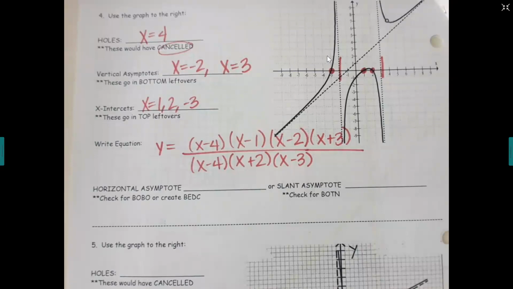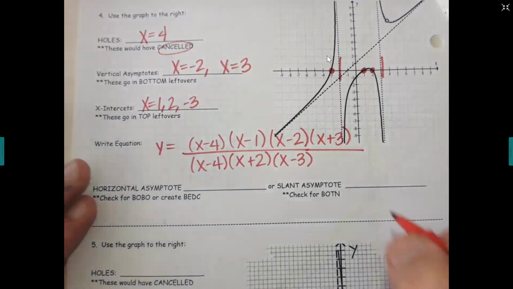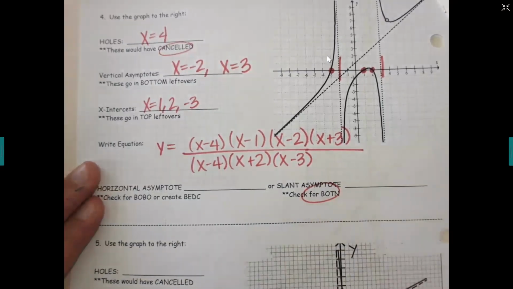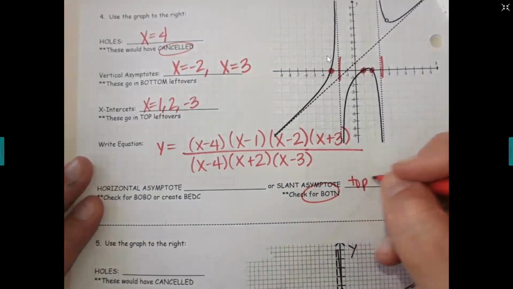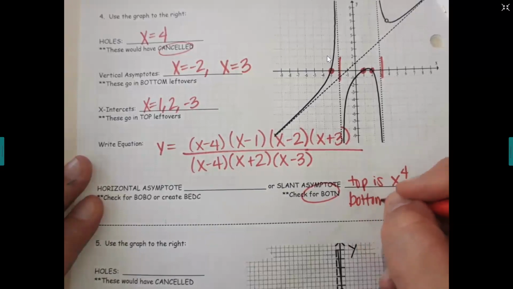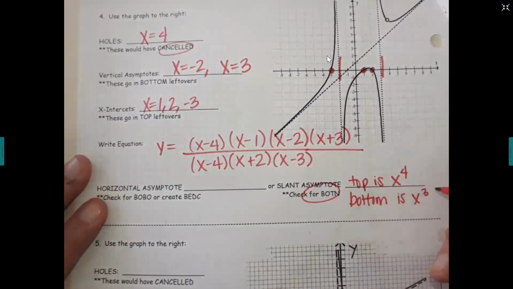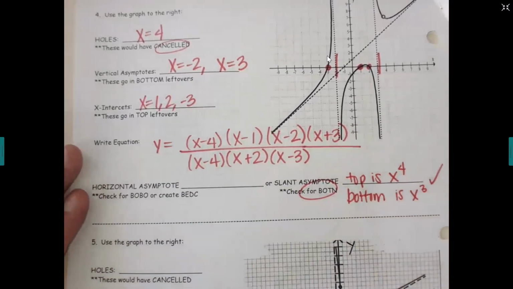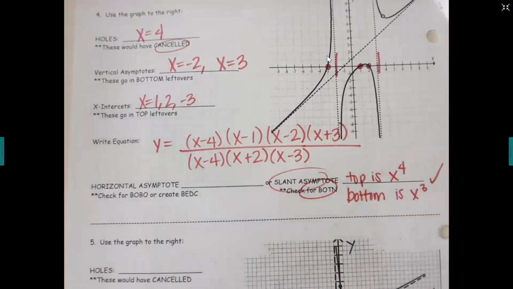Then would it have a slant? Yes. So I'm just going to put here, check for a bottom, and then I'm going to put top is x to the 4th, bottom is x cubed. That's really just like a check to make sure. If you have a slant asymptote, the top should be exactly one power bigger.